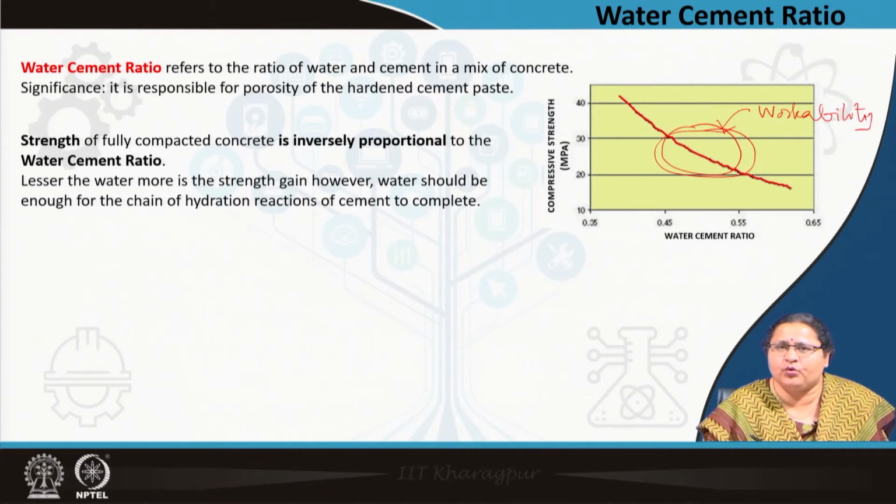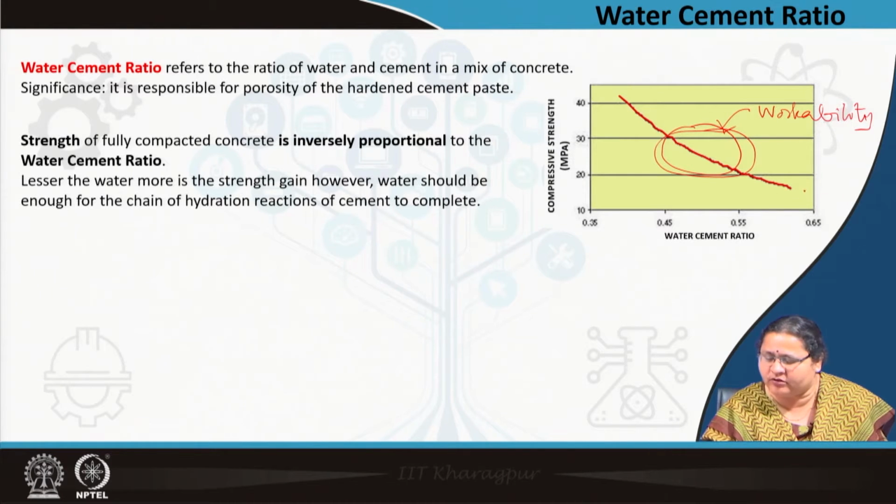You cannot add water beyond a certain level, neither can you add water below a certain level. You can achieve ideally at 0.35 the entire hydration, water for hydration, and you can go for higher side also, but segregation may lead to reduction of strength. So, you can see the curve gradually falls when it is actually crossing a limit.